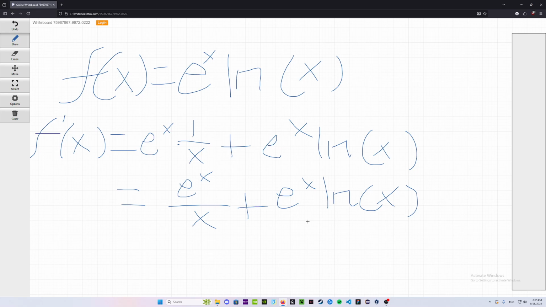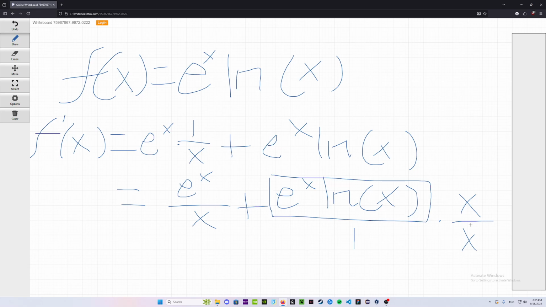Now we want to get these over the same denominator, right? So how we're going to do that is we have this one, which is x. It's going to be pretty hard to get rid of this x, so let's multiply this, right? We'll put it over 1 times x over x. Now the reason that we can do this is because it's just over 1. X over x is just 1, right?